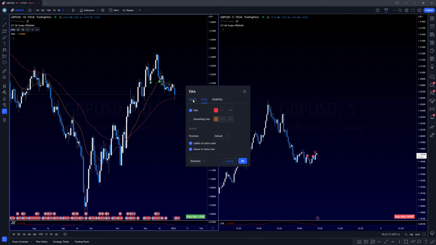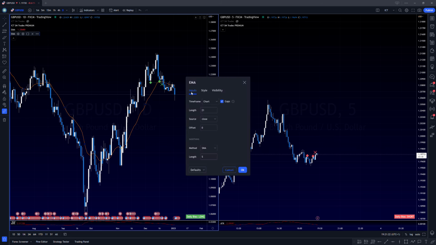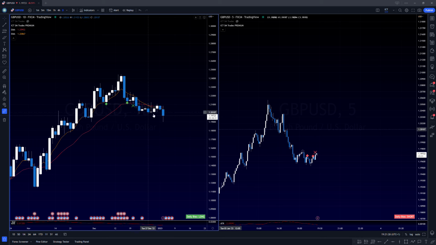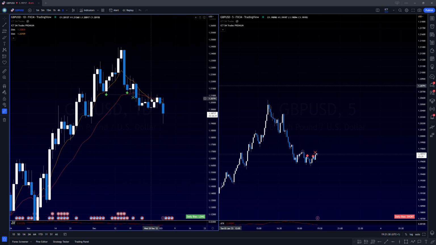If we set this to 21 as the default and to 8 as the default, we are considering the lower frame. You can see that the weaker EMA is below the stronger EMA.